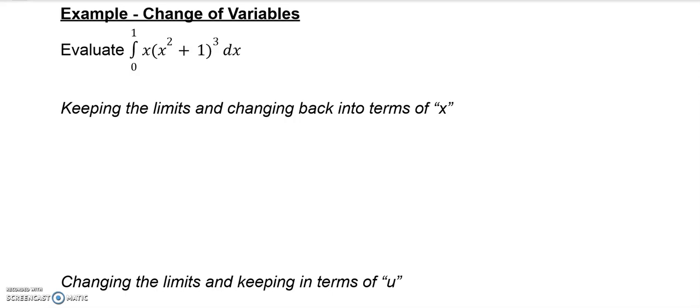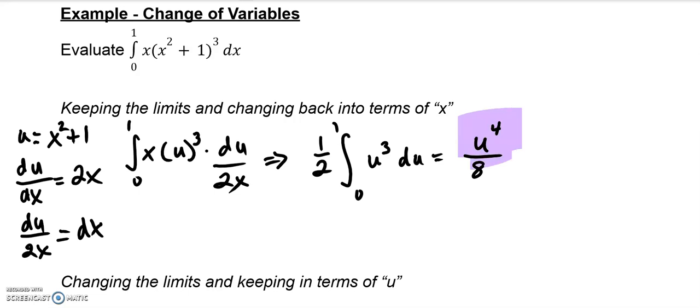Okay, for this first one, we're going to keep the limits and change back into terms of x, and in the other one, we're going to change the limits. At this point is where you could go one way or the other. So the first thing we're going to do is substitute the x squared plus 1 back in for your u.